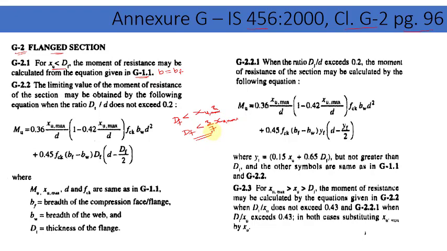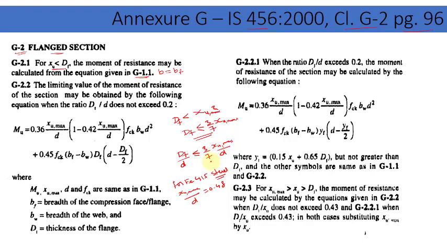Now here you see this term, I will do some manipulation. I will write depth of flange by D is less than or equal to 3 by 7 XU max by D. Now for Fe415 steel, this XU max by D is 0.48.